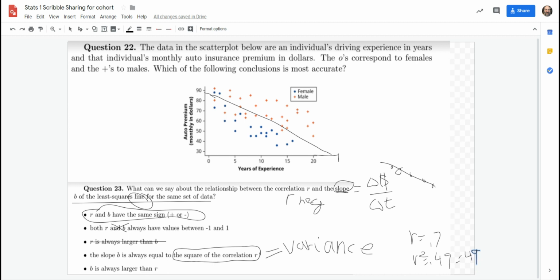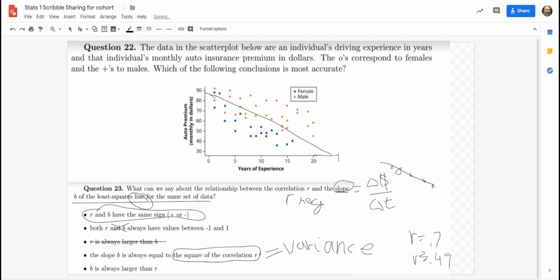We could say something like 49% of the variation in the SAT scores can be explained by the family income, right? The family income explains 49% of the variation. Not explains, sorry, wrong word. Predicts 49% of the variation of the SAT.